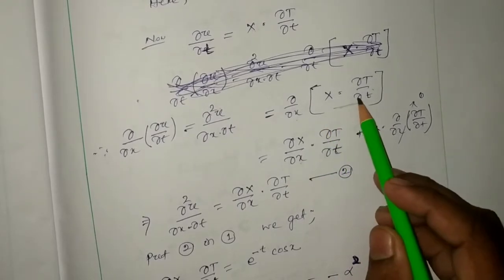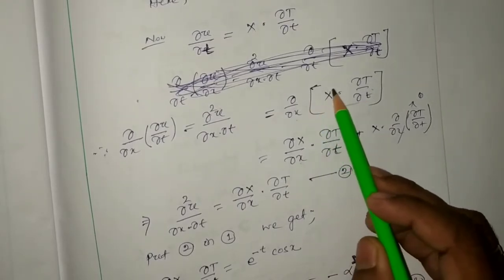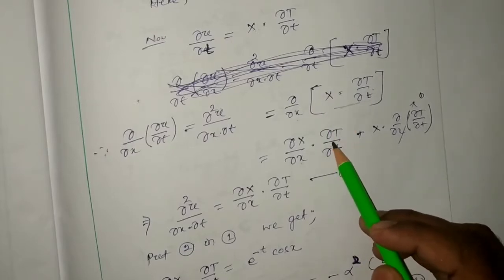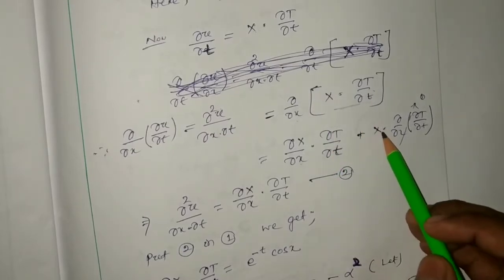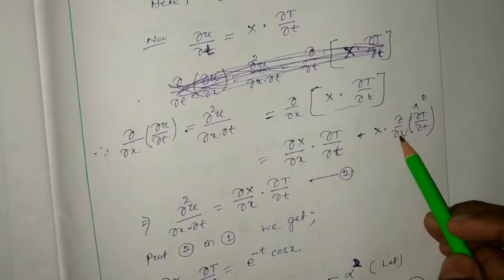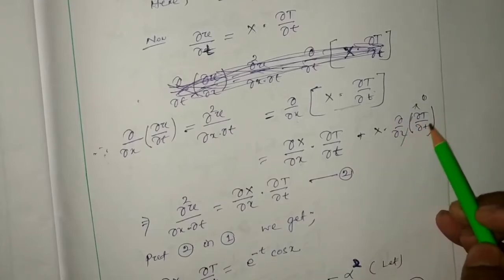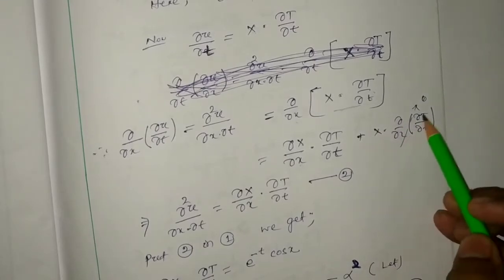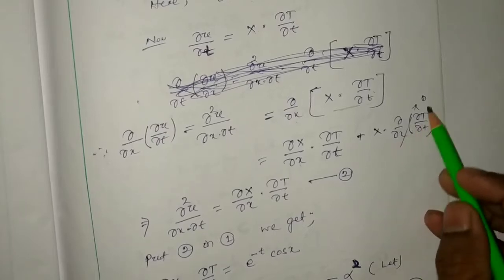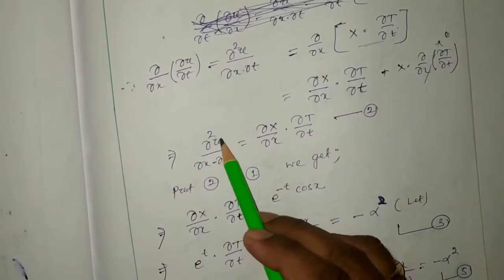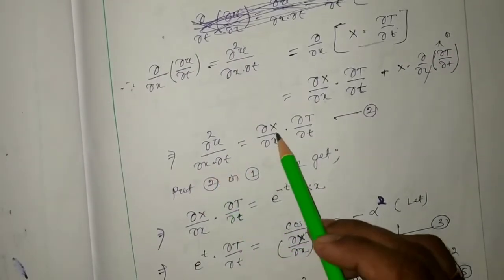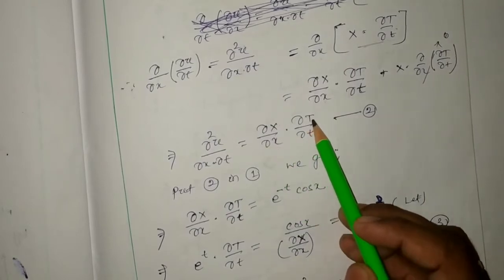The first derivative of this one we write as usual, plus we keep as such X del by del x of dT by dt. As dT by dt, a function of t, is a constant for x, it will be 0. Now we found del square u by del x del t equal to dX by dx into dT by dt. Let this be your equation number 2.